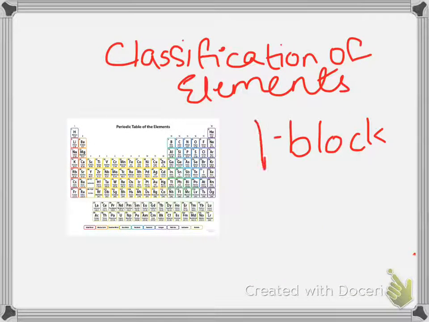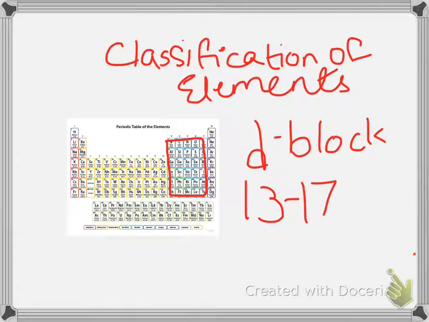Now the next block elements are groups 13 to 18. Group 17 has a specific name, halogens, meaning they are reactive gases which react and attain stability.